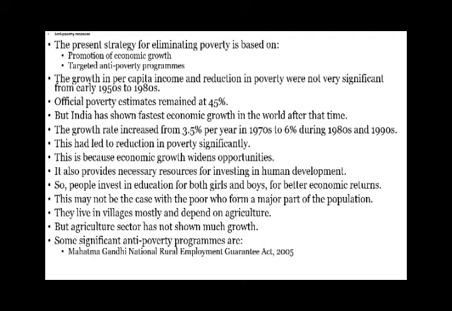Official poverty estimates remained at 45%, but India has had one of the fastest economic growth rates in the world after that time. The growth rate increased from 3.5 percent per year in the 1970s to 6.5 percent during the 1980s and 1990s. This led to a significant reduction in poverty.